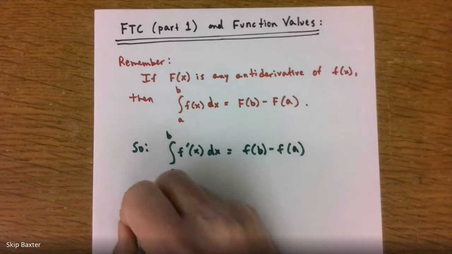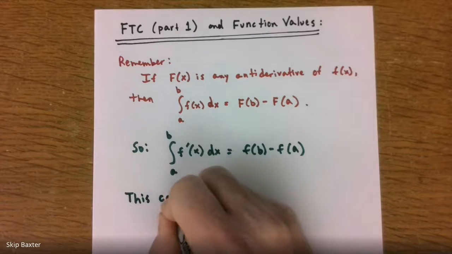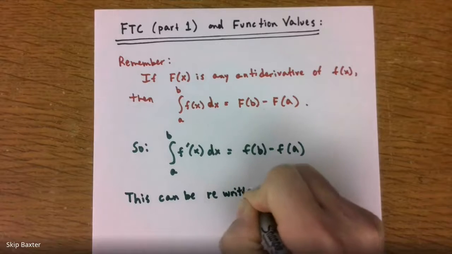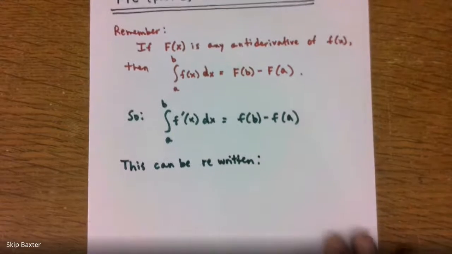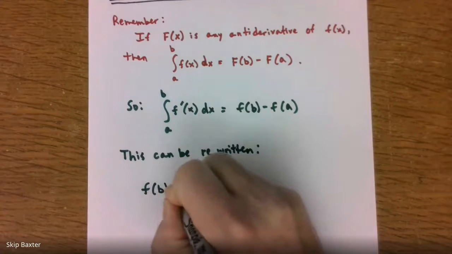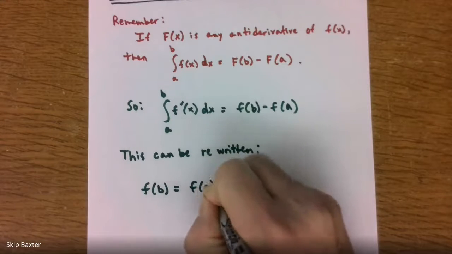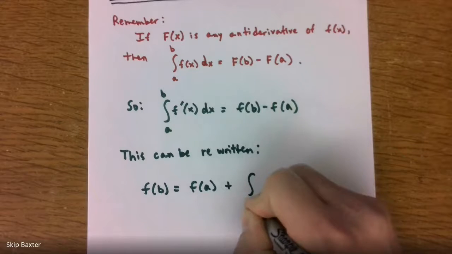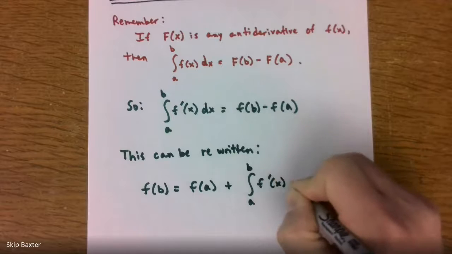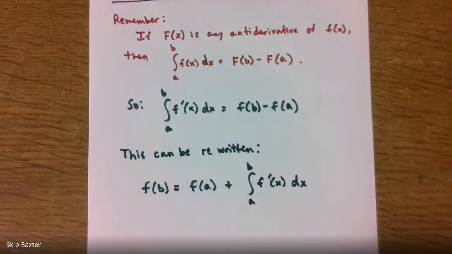Well, this can be rewritten like f of b equals f of a plus the integral from a to b f prime of x dx, right? That's the same thing.